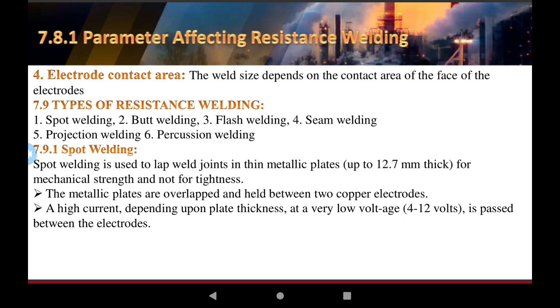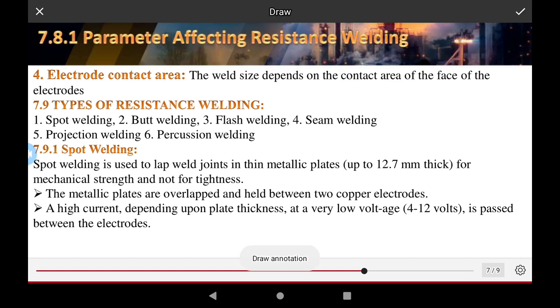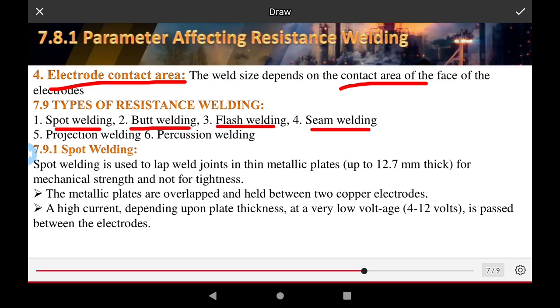Parameters affecting resistance welding continue. The electrode contact area: the weld size depends on the contact area of the surface of the metal piece and electrode. The types of resistance welding are spot welding, butt welding, flash welding, seam welding, projection welding and pressure welding.